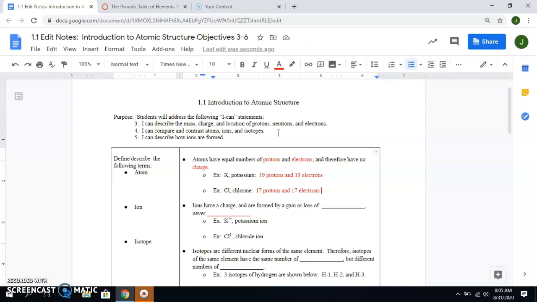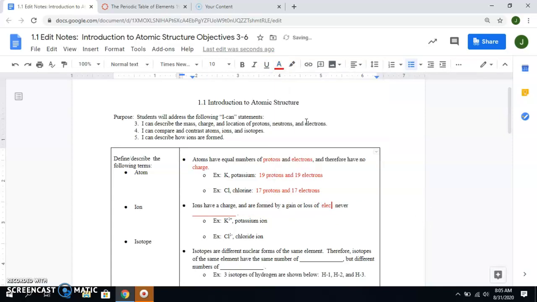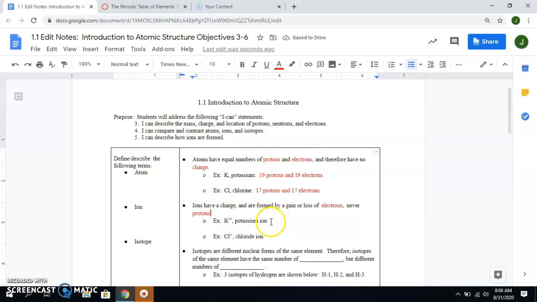They're neutral. Ions. Ions have a charge, and the way that they get a charge is they've formed that charge by a gain or loss of electrons, never protons. And so, for example, if we compare a charged potassium ion with neutral potassium, which had 19 protons and 19 electrons, what we're going to find is that potassium has this +1 charge.